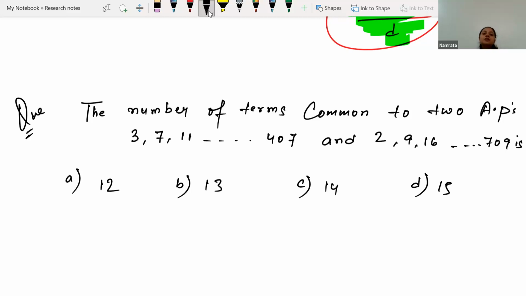So we have to find the number of terms which are common in this AP and in this AP. How many terms are common?